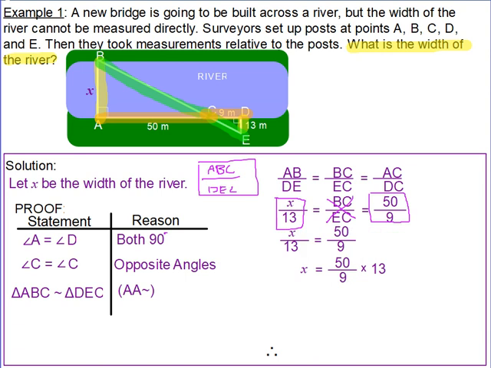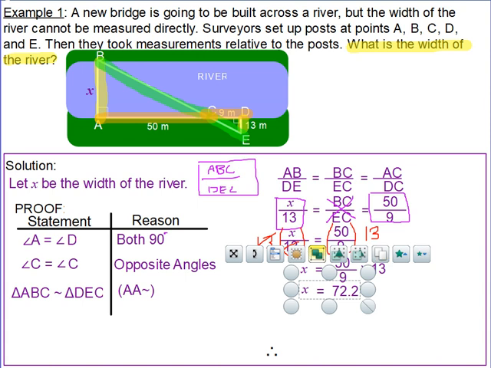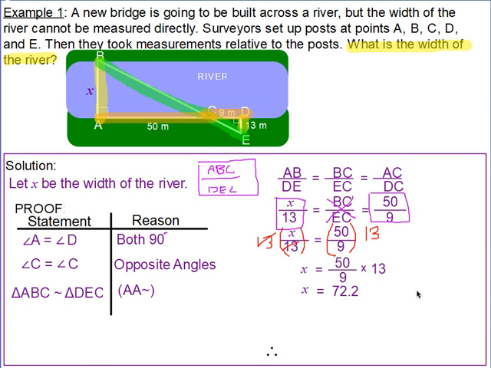Remember, multiply this side by 13, and also this side by 13. This 13 cancels with the denominator, right? When you multiply by 13 and then divide by 13, you just end up with whatever you had at the beginning here, which is x. And this can go right into our calculator, and we should get around x equals 72.2. Great. So, therefore, the width of the river is 72.2 meters. And that is how we solve any sort of word problem.